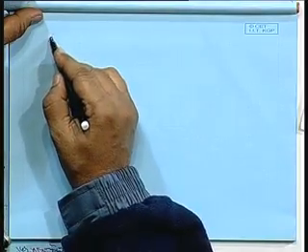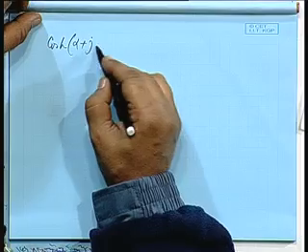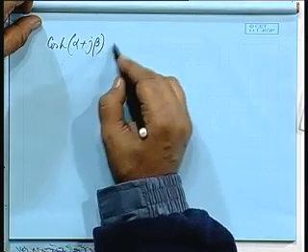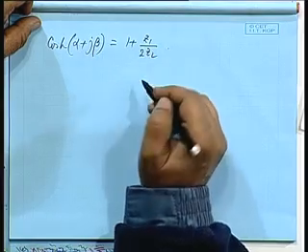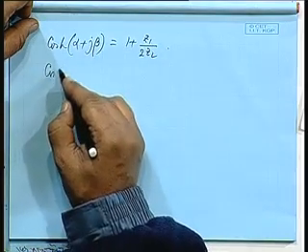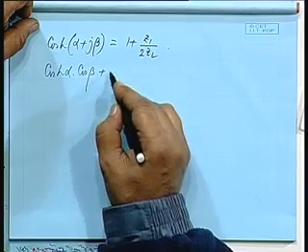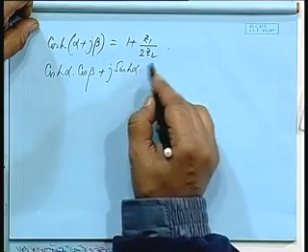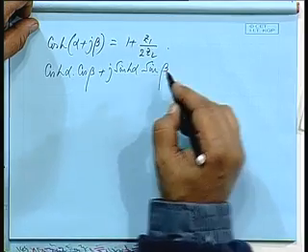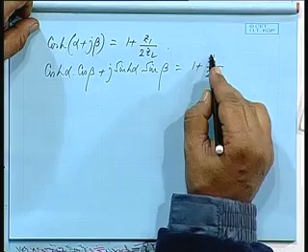So, let us come to the expression for the cos P term. This is 1 plus Z1 by twice Z2. This means cos hyperbolic alpha cos beta plus j times sin hyperbolic alpha sin beta is equal to 1 plus Z1 by twice Z2.